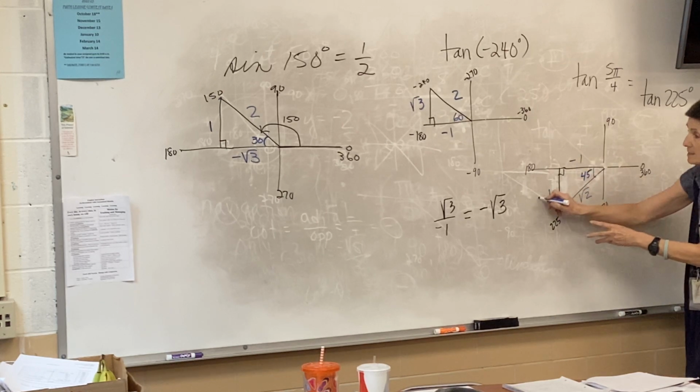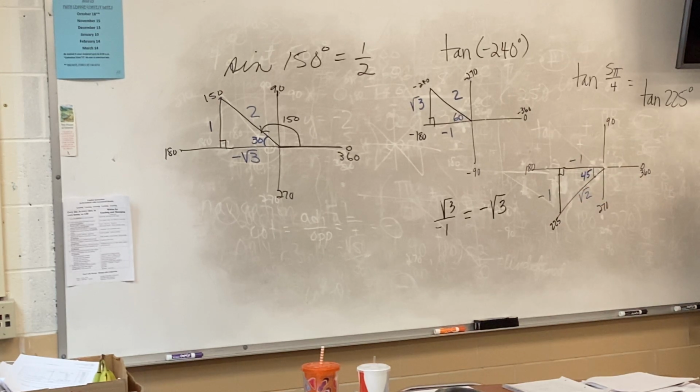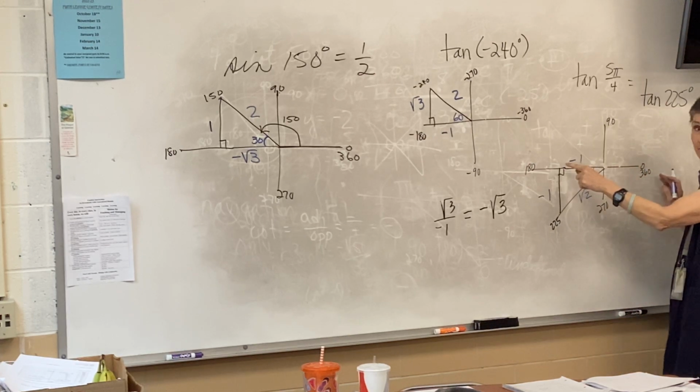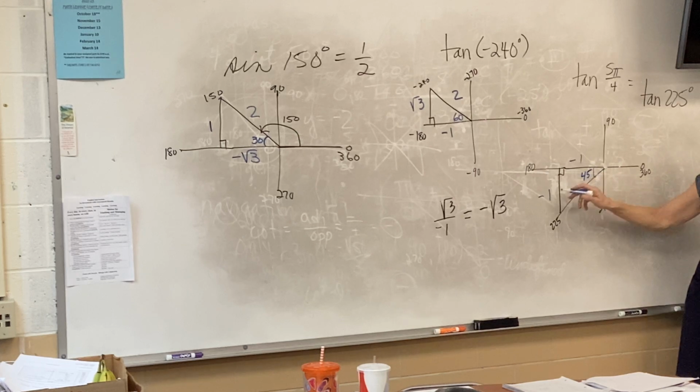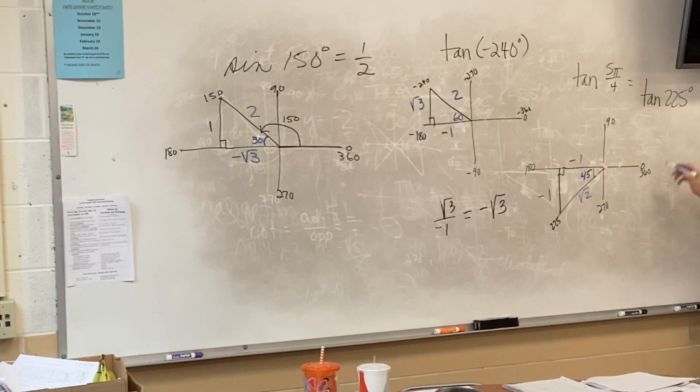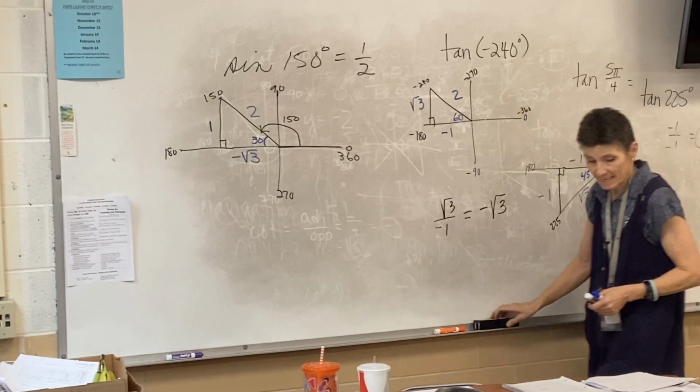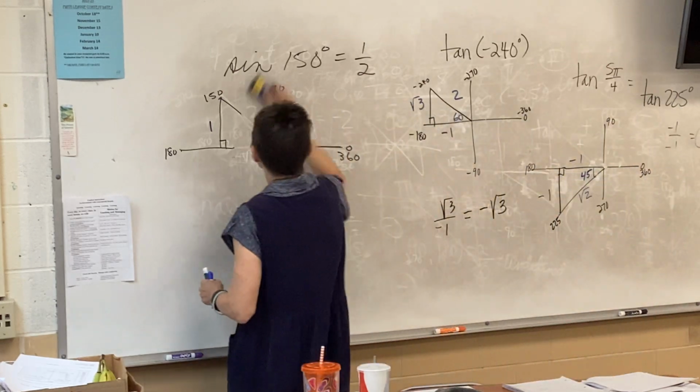Aren't the ones both negative this time? Because we are in quadrant 3. So negative, negative. Tangent. This is my angle, opposite, adjacent. So tangent's going to be -1 over -1. So the answer to the question is 1. The tangent of 225 is 1.